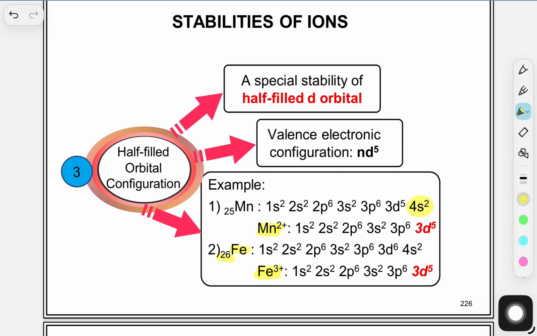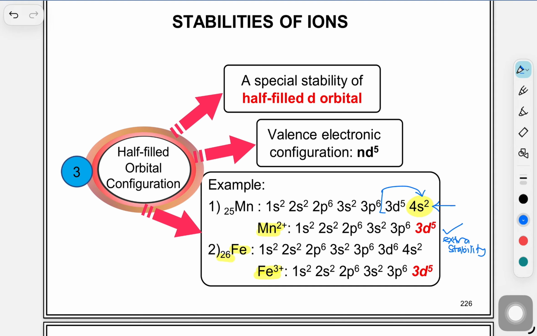So remember, when we fill up, 4s fills first, and then 3d goes higher in energy. Therefore, during the formation of ions, we remove the 4s first, resulting in a half-filled 3d orbital. Half-filled is exactly 3d5, and it has extra stability.